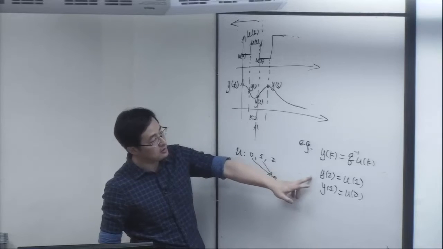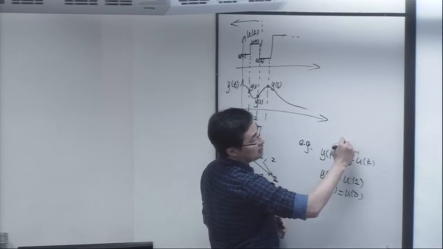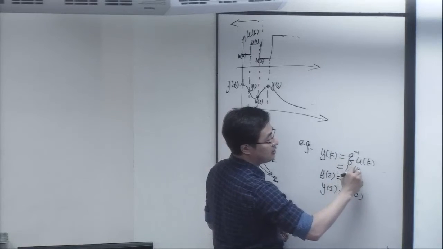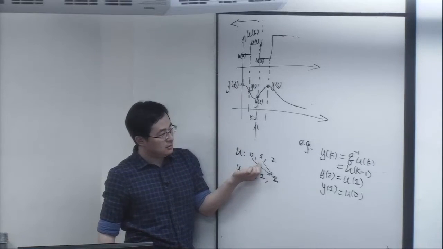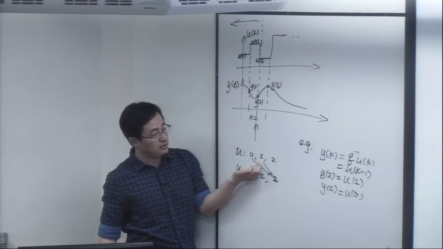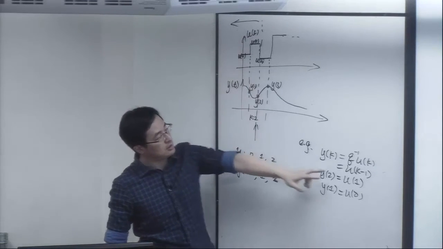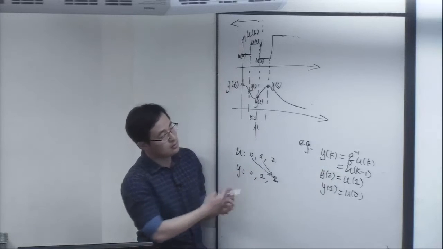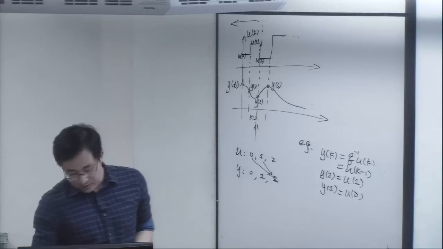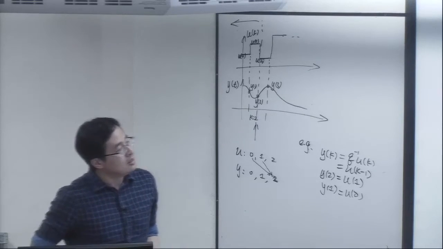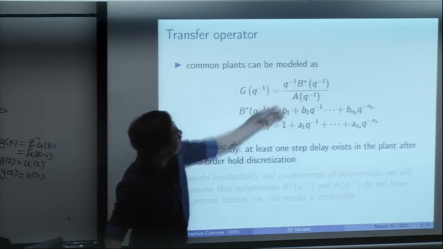It's functioning in this way: my y will only depend on u_(k-1). This intrinsic delay operation happens, and the intuition translates to the math in this way. So intrinsic delay is very common in practice, and sometimes we will just begin with this kind of model.